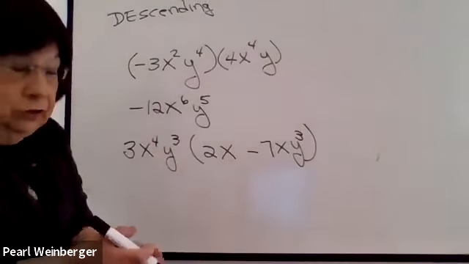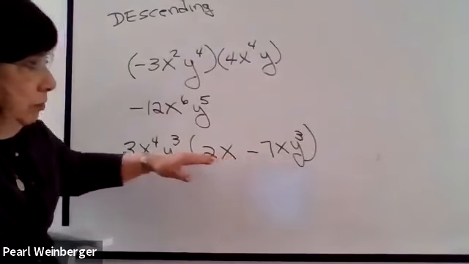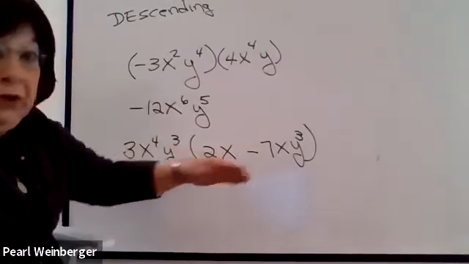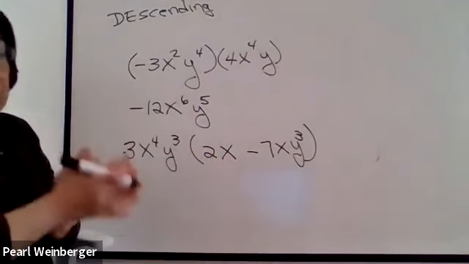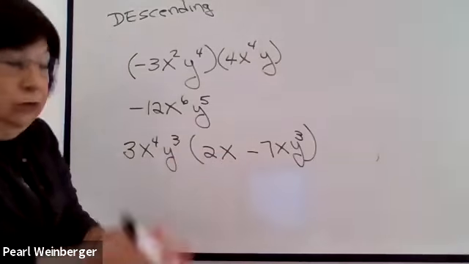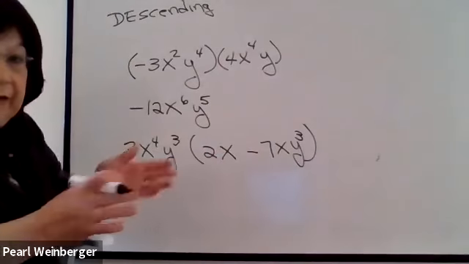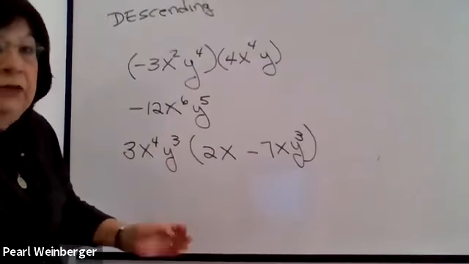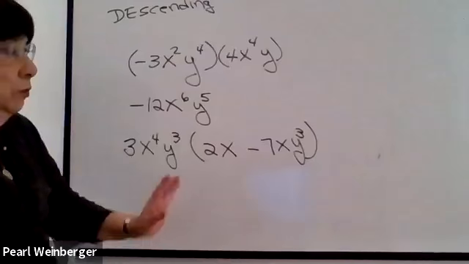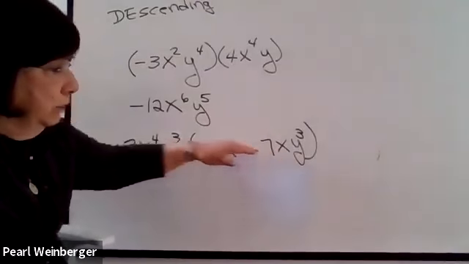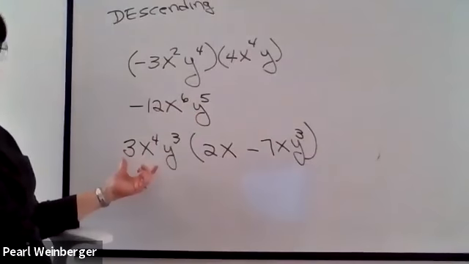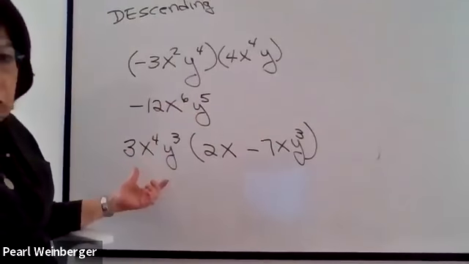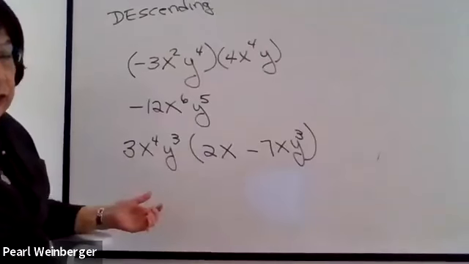These are not like terms, but if they were, we could have combined them first. But it doesn't matter. You could either multiply first and then combine, or you can combine first and multiply second. As long as you do both of those things, you multiply each term in your polynomial by the monomial and make sure to check if you have like terms.